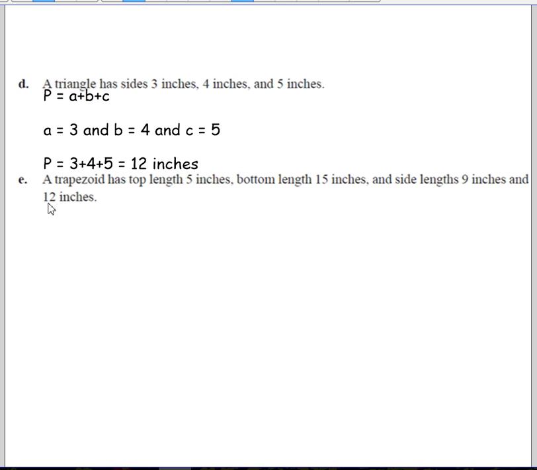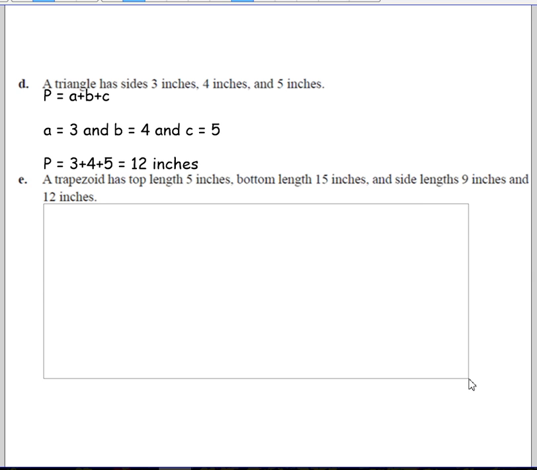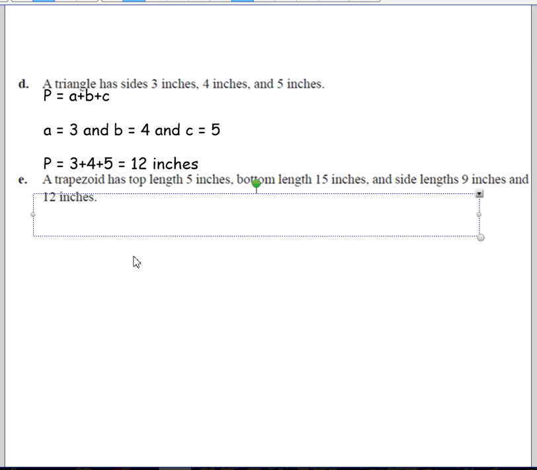Okay. And another example, we have a trapezoid. Again, remember the trapezoid almost looks like a triangle that has the top of it cut off. Just like with our parallelogram, the perimeter equation that they give us is just to add up all the sides.